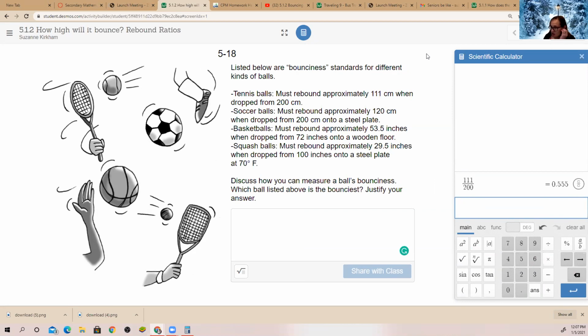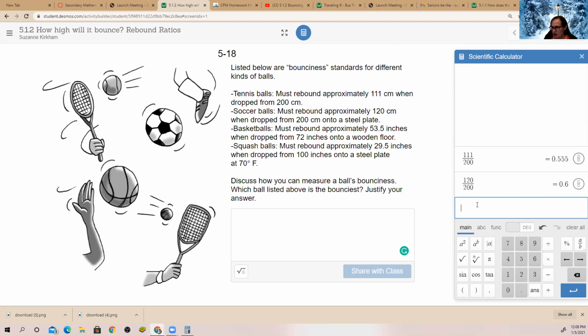Okay, so that is for the tennis ball. Now let's see what the ratio is for the soccer ball. So the soccer ball goes 120 centimeters when it's dropped from 200 centimeters. So its rebound ratio is 0.6. 0.6 is higher than 0.55. So far the soccer ball is the bounciest.